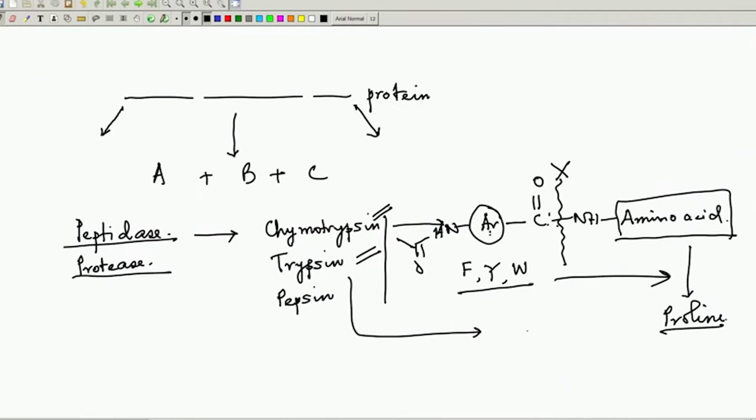A basic amino acid means an amino acid having a very highly basic side chain. We are not talking about histidine here. I told you that histidine, although grouped into the basic amino acids, has much less basicity compared to arginine and lysine. So if there is a basic amino acid, the hydrolysis will also take place, but this time the enzyme required is trypsin.